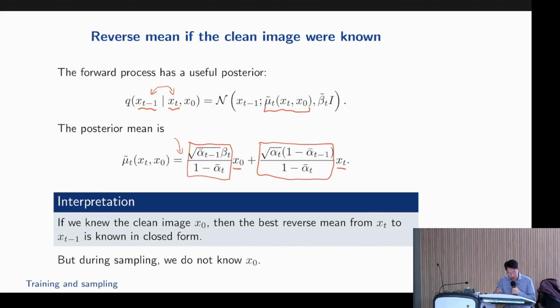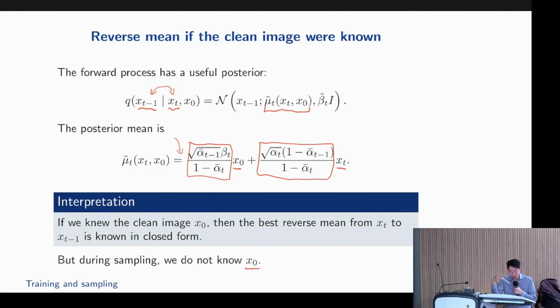But the problem is, during inference, we don't know the true x0. So this equation is relating x0, xt with respect to xt minus 1. So we're interested in the mean or expected value of one-step denoised image given xt and clean image.